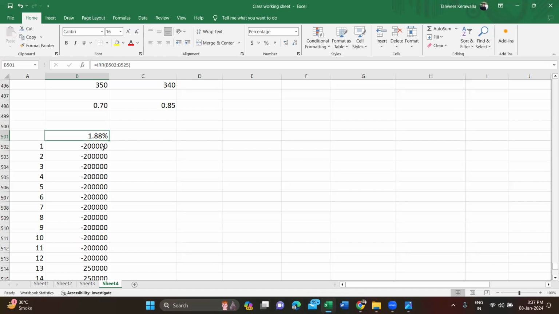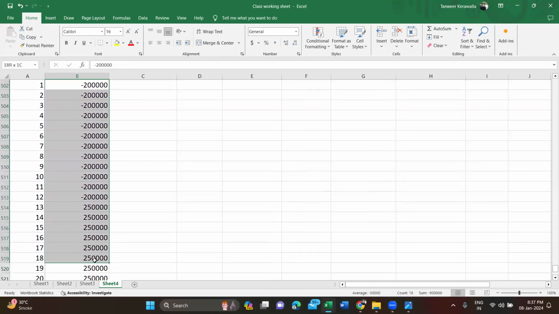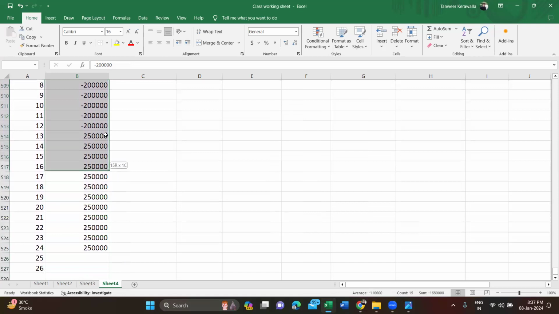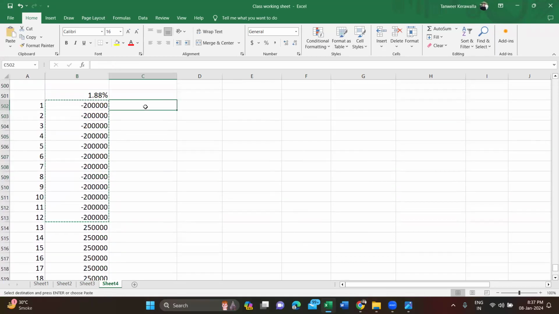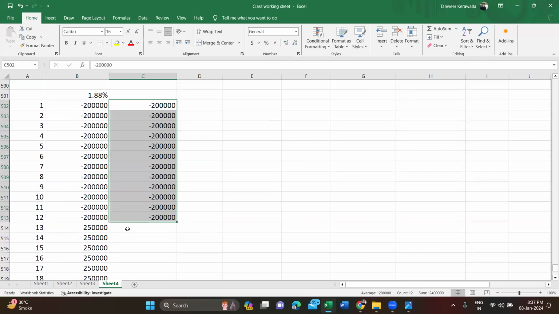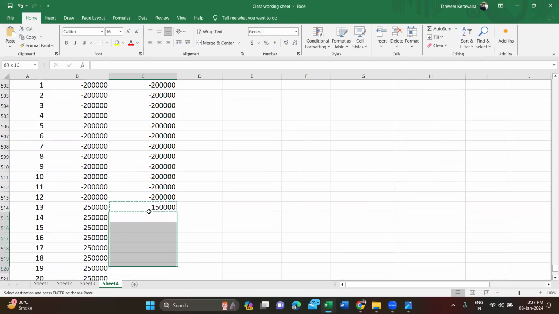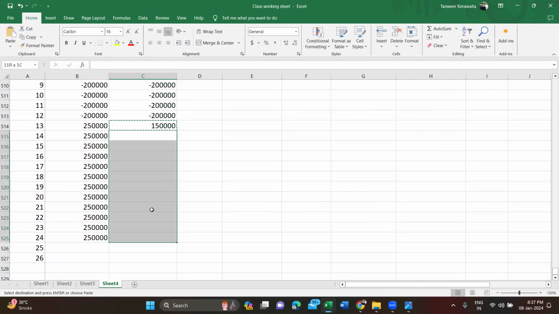Let's take another policy. Same idea. 2 lakhs for every year for 12 years, right? Then they say, we will give you 1,50,000 for the next 12 years.